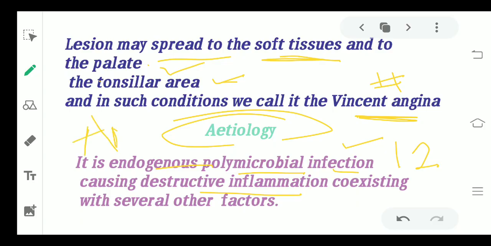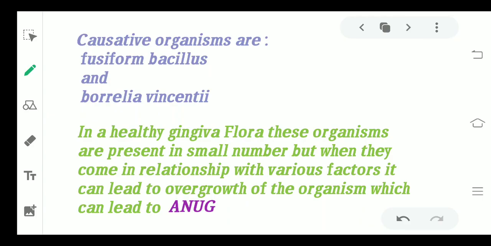There are certain other factors which give these microorganisms an environment that helps them to grow. Now what are the causative organisms? First, the fusiform bacillus and Borrelia vincentii are the organisms which lead to ANUG. Now this Borrelia is actually a kind of spirochete. So these are the two organisms which lead to acute necrotizing ulcerative gingivitis.